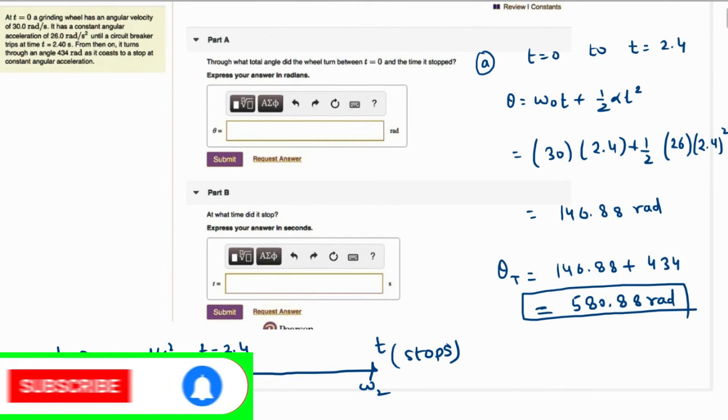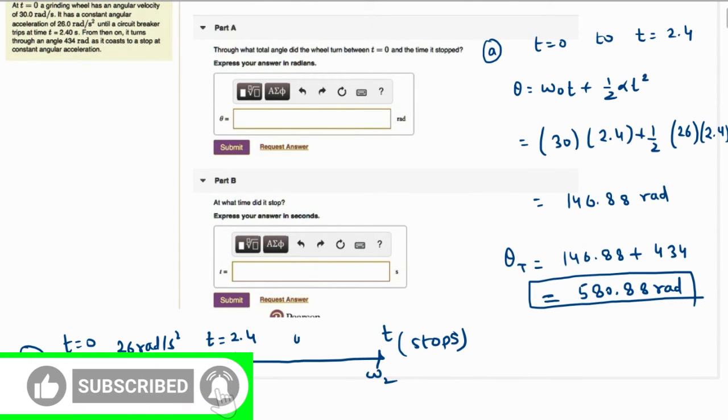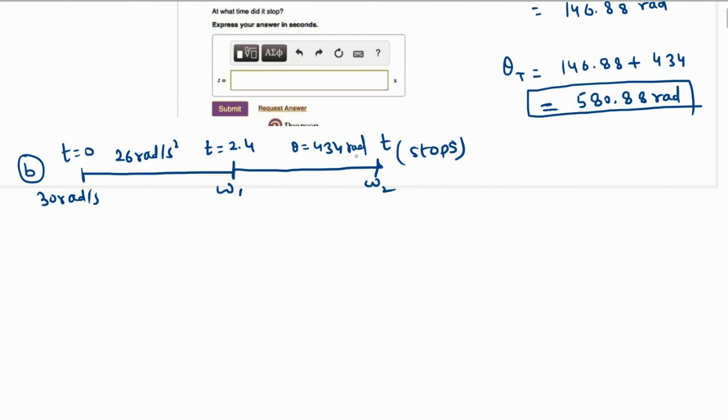Let's find the value of omega 1. And by the way, theta in this case is given as 434 radians, of course. So let's try to find out the value of omega 1. Omega 1 is omega naught plus alpha t. So omega naught is 30, alpha is 26, the time is 2.4.